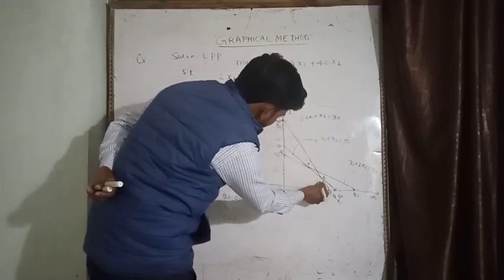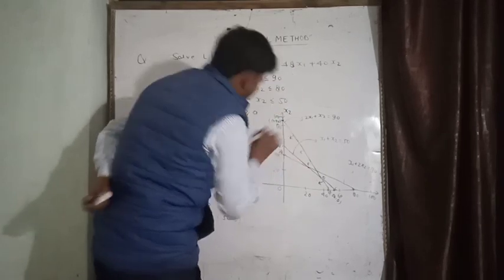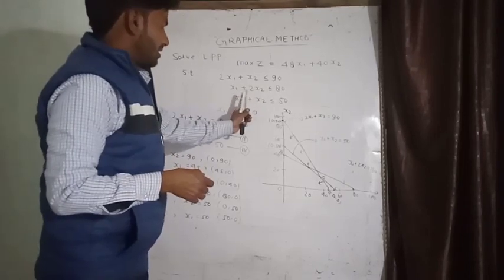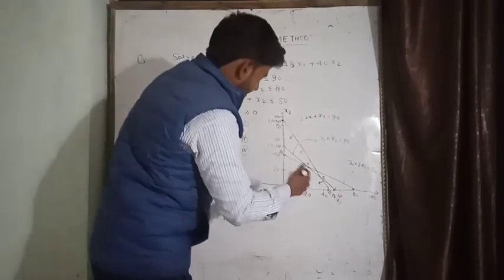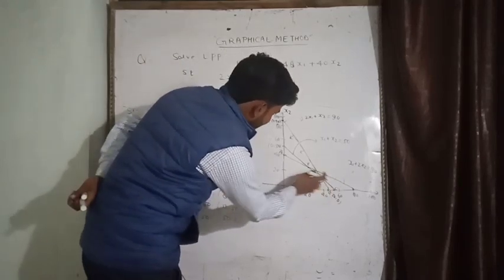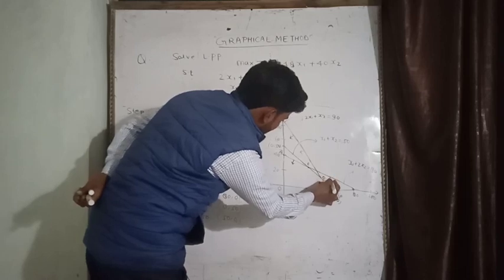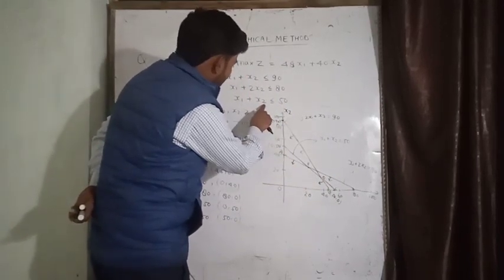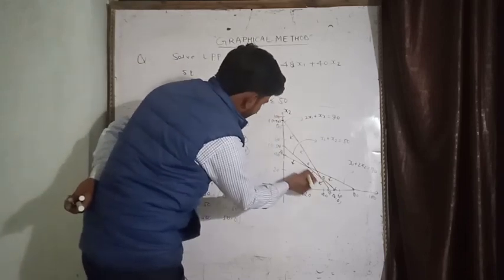Now if we take the second line, x1 plus 2x2 is less than or equal to 80, we draw the arrow like this. Then the third line, x1 plus x2 is less than or equal to 50, gives this area.